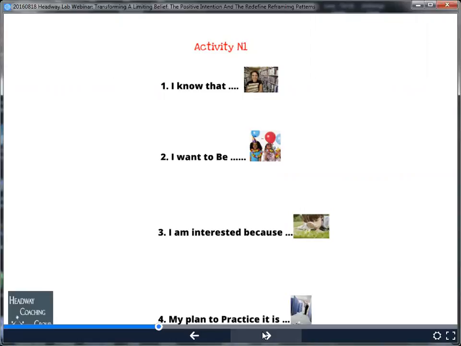So it's nice to work with your audience a little bit to help them be in a resourceful state when they are about to learn something, because it's going to improve their learning.